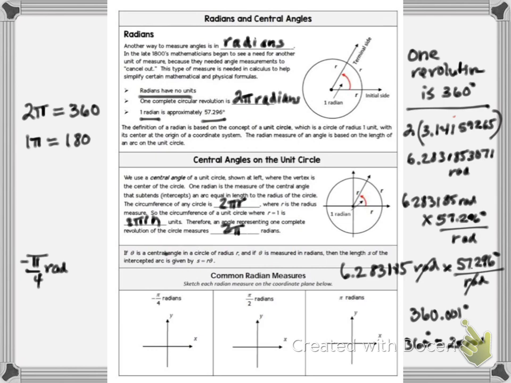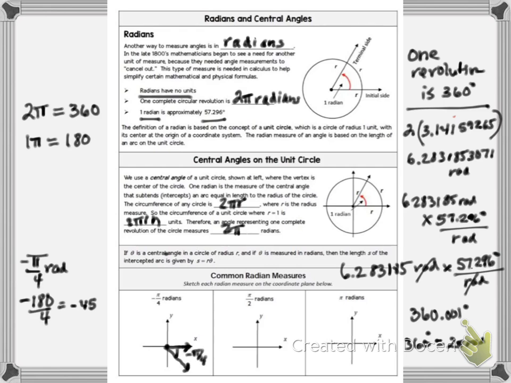So I can convert this by saying that pi is 180 divided by 4, and I'll get negative 45. To sketch negative 45 degrees, I start at my vertex with my initial side drawn, and then I go clockwise, this way. So this would be negative pi over 4, which is the same thing as negative 45 degrees.